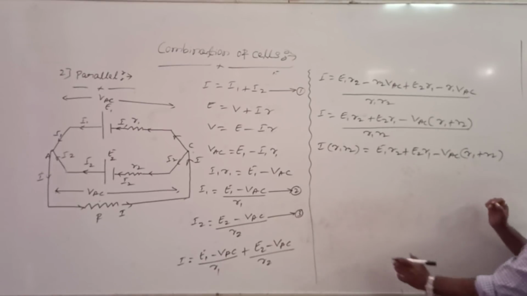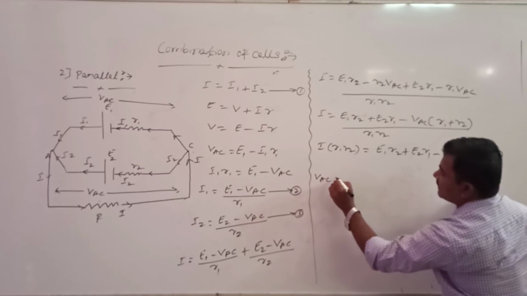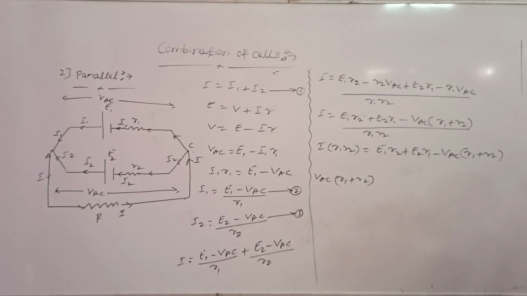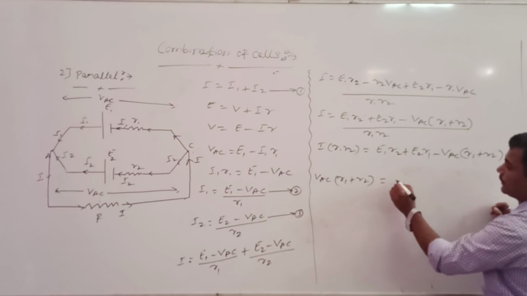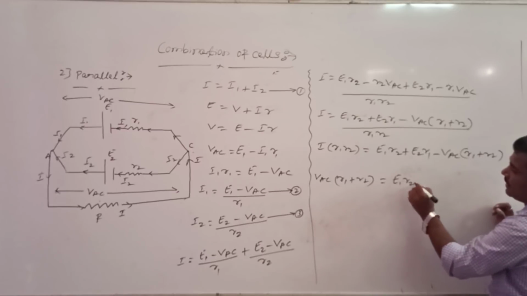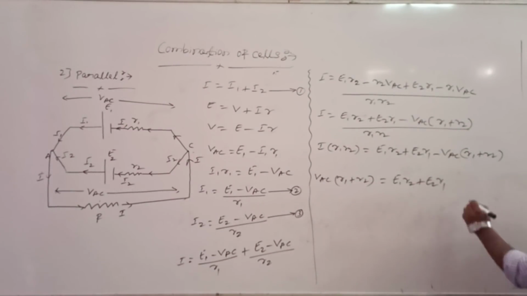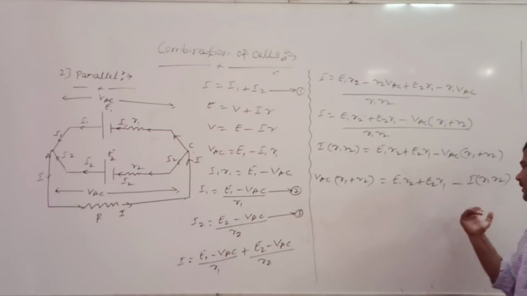What will we get? VAC into bracket R1 plus R2 equal to E1 R2 plus E2 R1 minus this value, I into bracket R1 R2. Right or wrong?